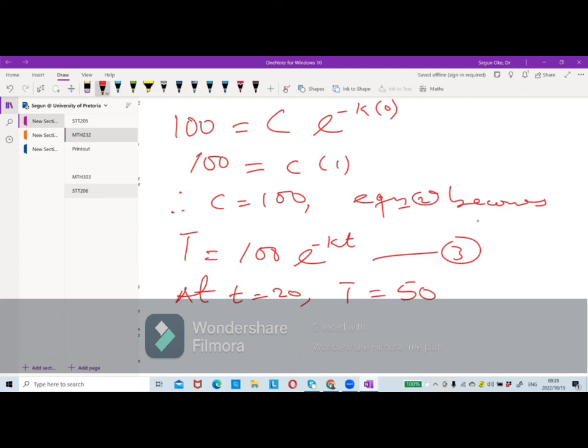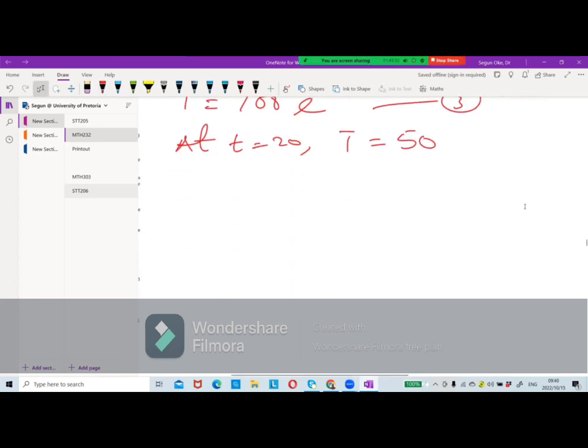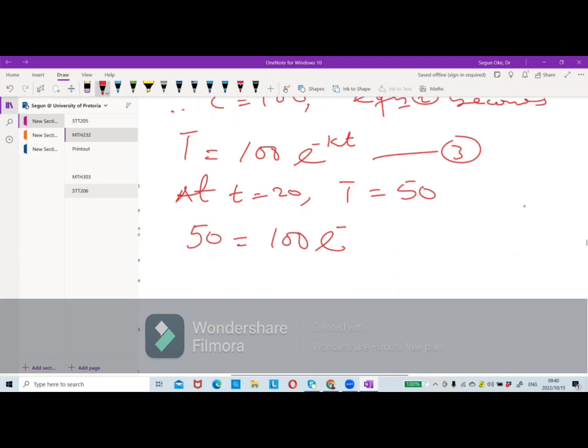What will our K look like? Let's go ahead. So we said equation 3: 50 equals 100 exponential minus 20k.